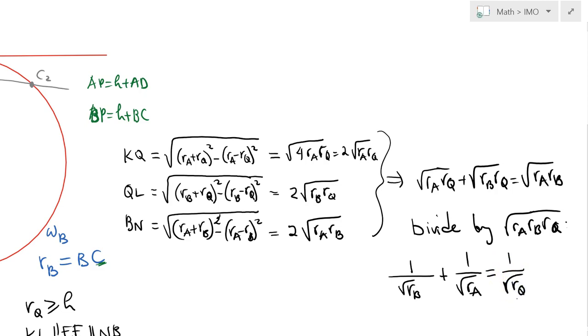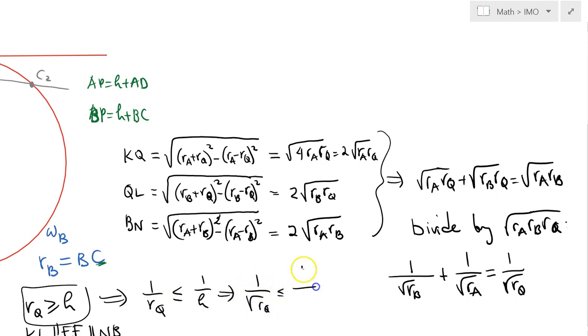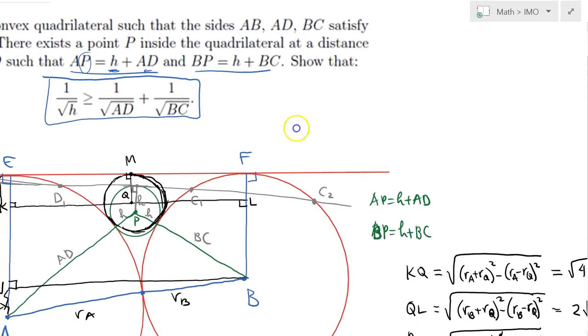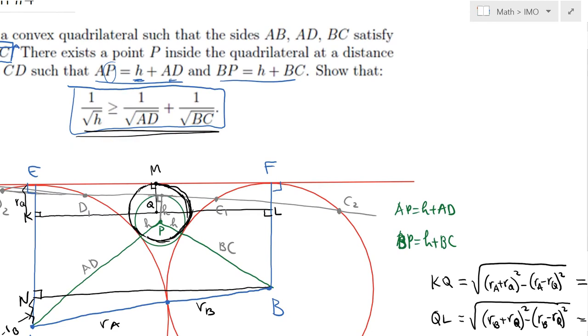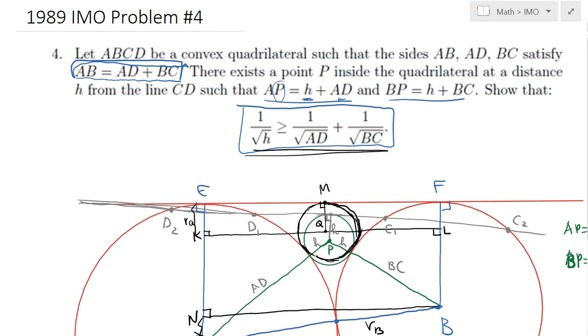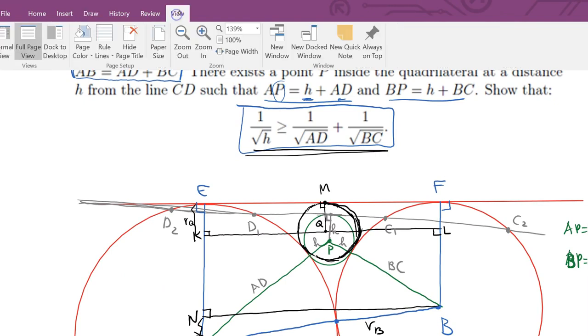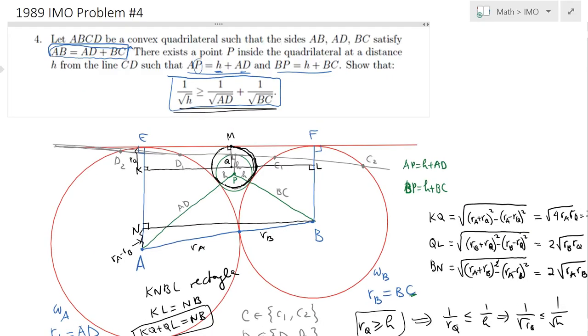But we have established early on that RQ was greater than or equal to H. That implies that 1 over RQ is less than or equal to 1 over H, and similarly 1 over the square root of RQ is less than or equal to 1 over the square root of H, suggesting that this is less than or equal to 1 over the square root of H, and that is the desired result that the question was asking for. So that solves our problem, and I hope to see you guys in our next lecture.